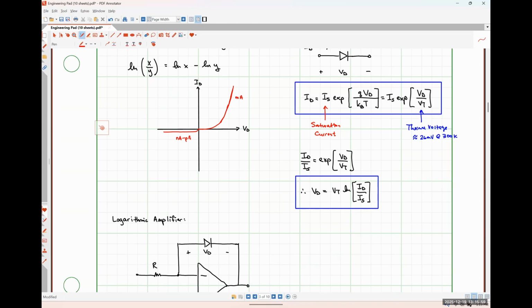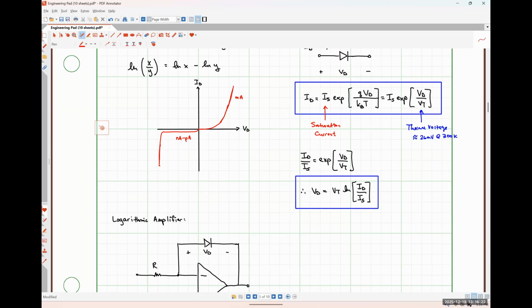So very, very small amounts of current. And then technically speaking, if we put too much of a reverse bias on it, it will cause breakdown, which will cause a ton of current to flow in the wrong direction and will cause the device to burn out, unless it happens to be a Zener diode, which is designed to operate in the breakdown region.